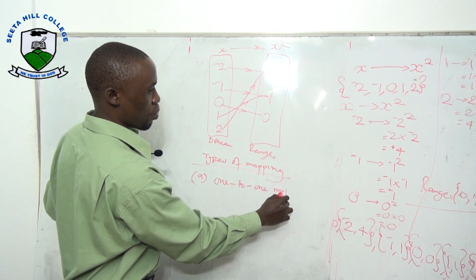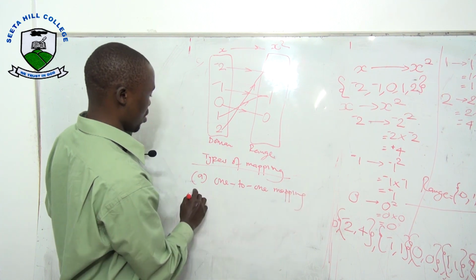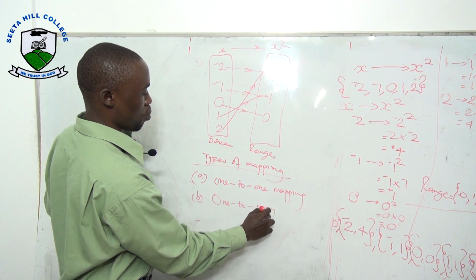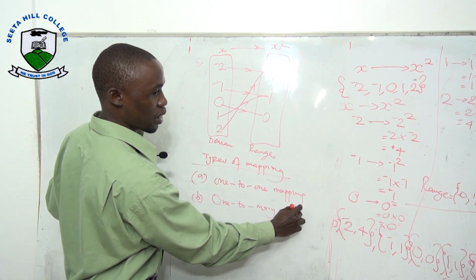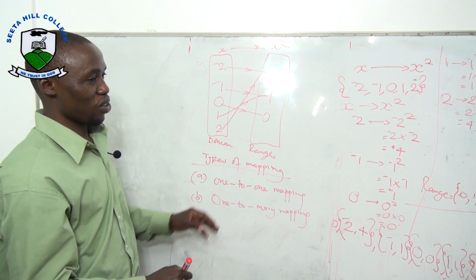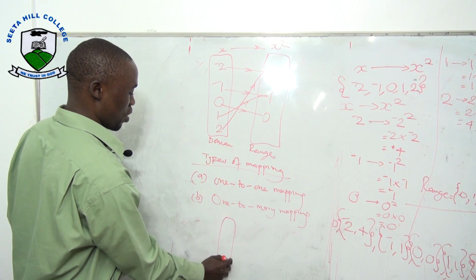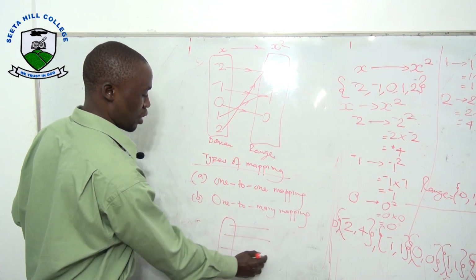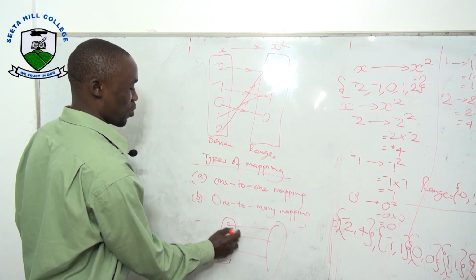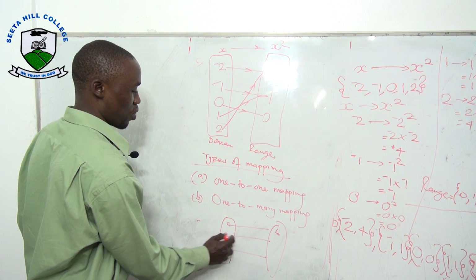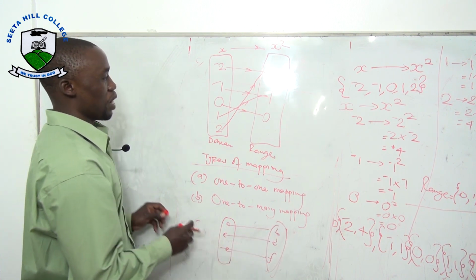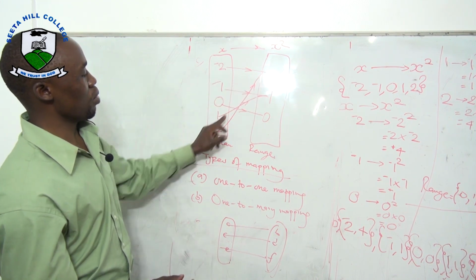One to one, one to many. I will pause there and you add me the rest. There is one to one where every member corresponds with exactly one. A will give a different answer, this one also gives its own answer. But look here, this gave the same, this gave the same.